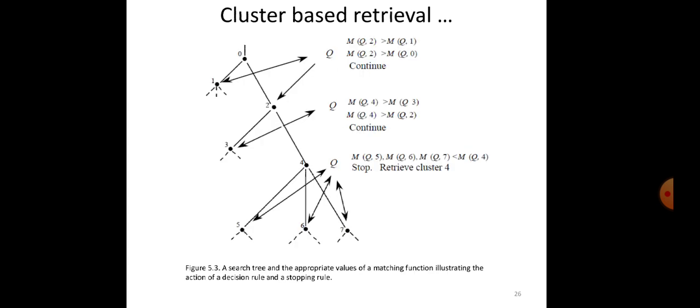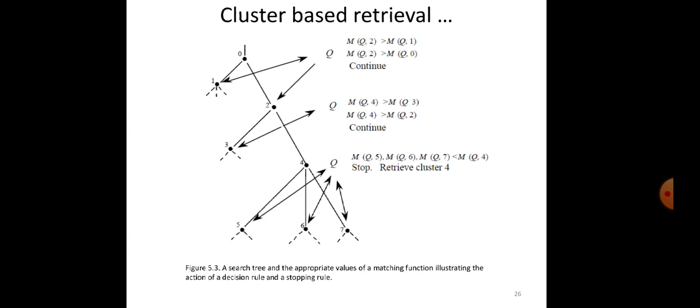In this picture, the search will start at 0, then go to 1, then 2, then from 2 to 3, then 2 to 4, then 4 to 5, 4 to 6, 4 to 7. Here the decision rule is the matching function. We will calculate the matching function MQ0, then MQ1, then MQ2, and continue our search according to the decision.